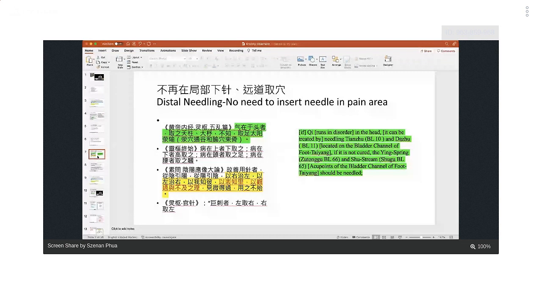Both Tianzhu and Dazhu are on the bladder channel around the head.